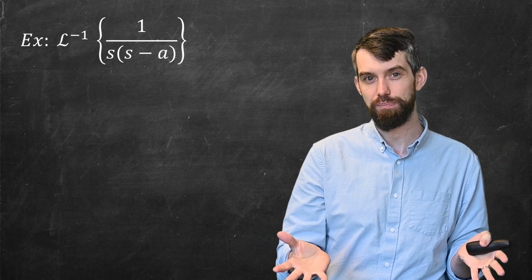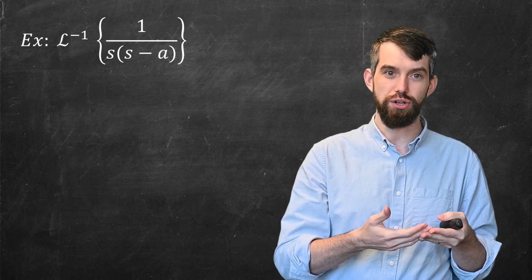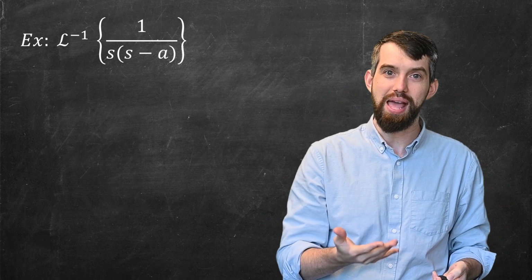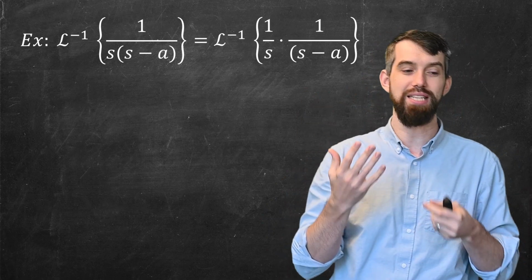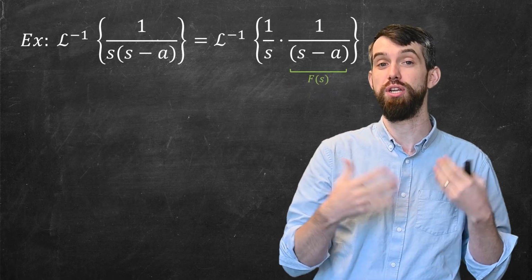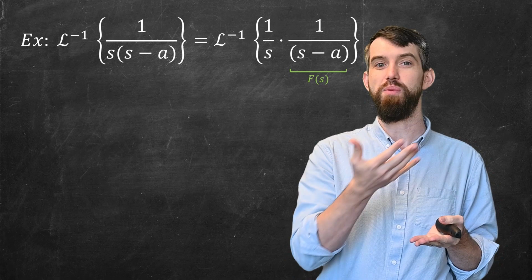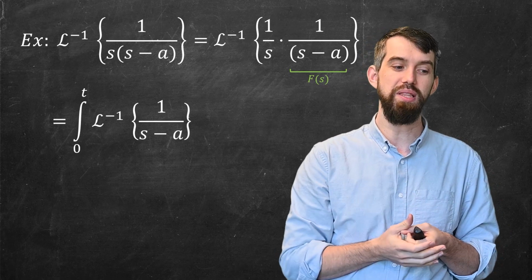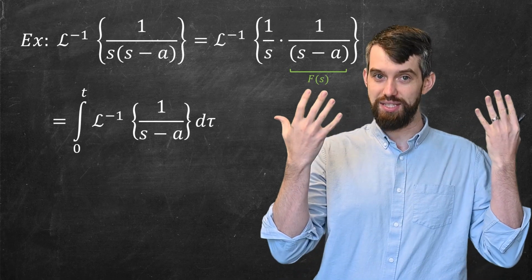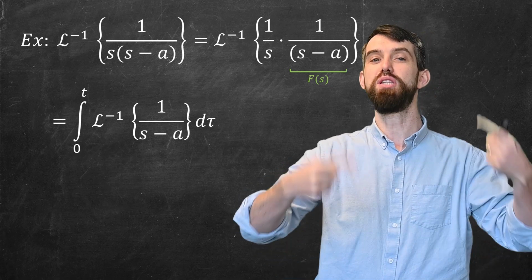Now, trying to identify it with the structure of F of s divided by s, I'll just rewrite this as a 1 over s pulled out to the side, and then the 1 over s minus a, which is going to be our F of s. Then the claim that we just saw was that this is going to be the same thing as this integral from 0 up to t of the inverse Laplace transform.